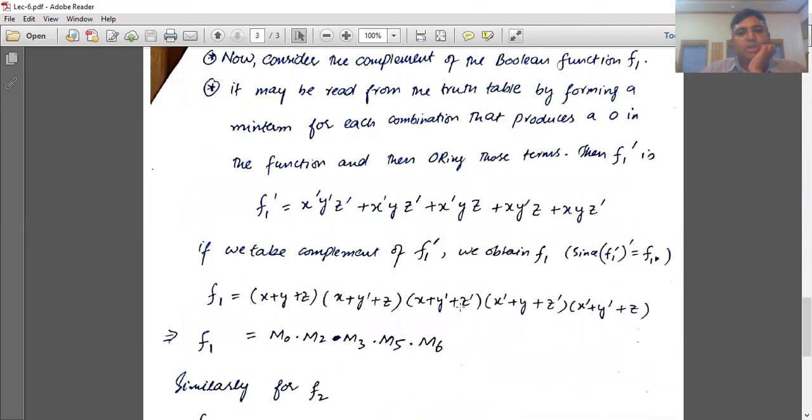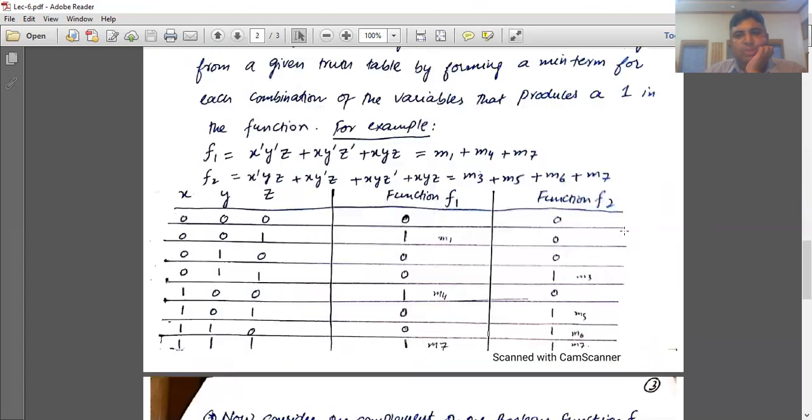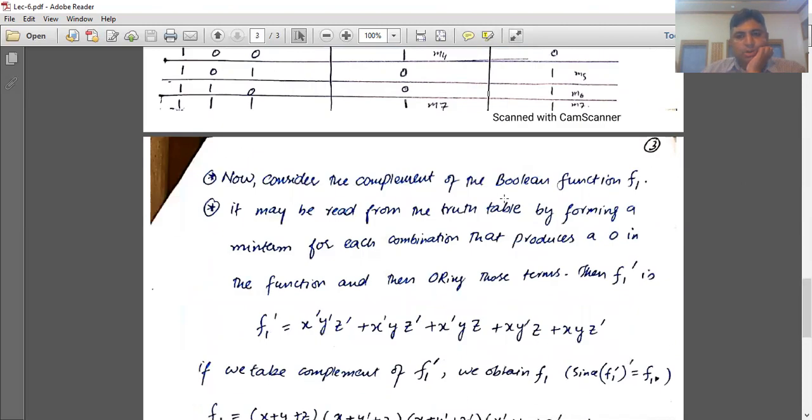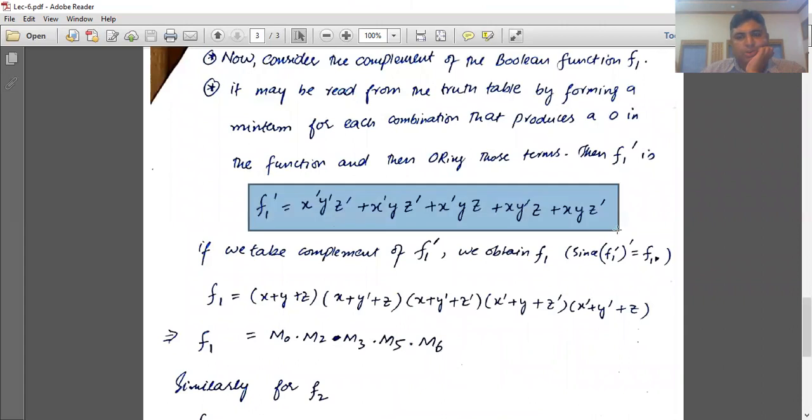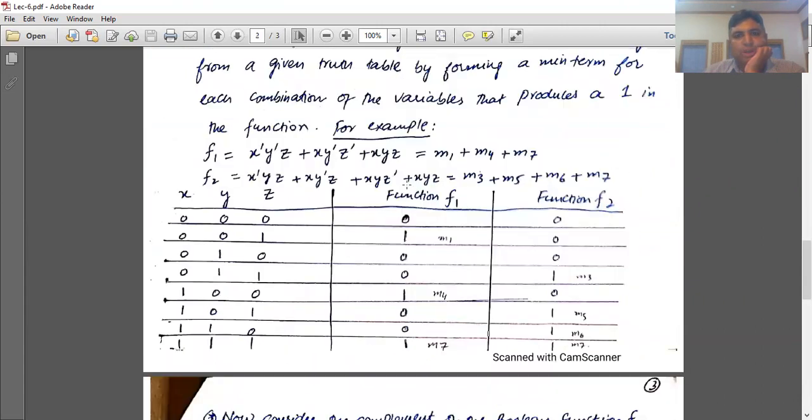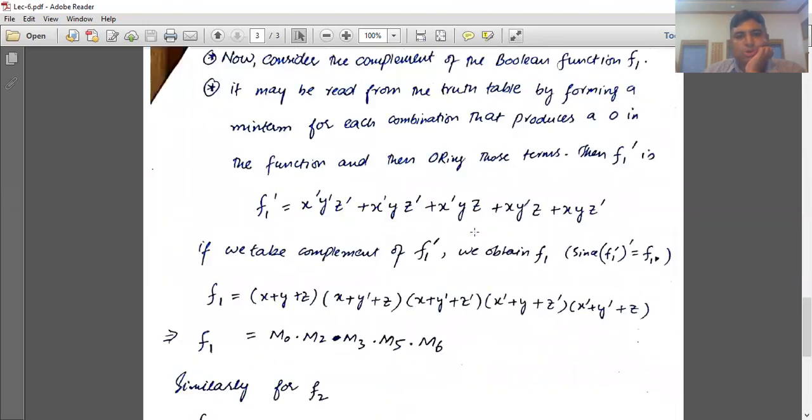If you read these minterms where the function is 0 and write similar minterms, you will get the complement of the function. So the complement of the function is obtained by reading from the table the corresponding minterms where the function is 0.